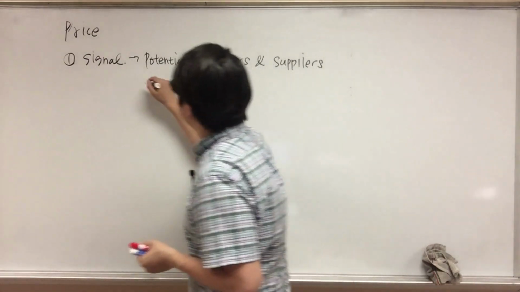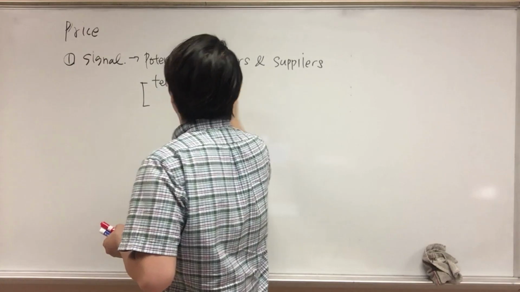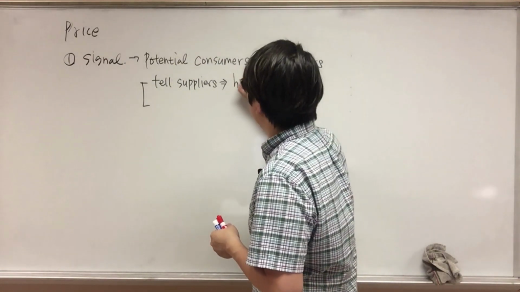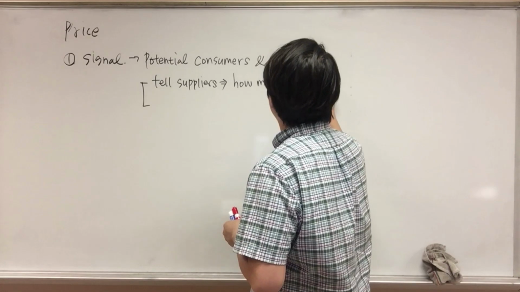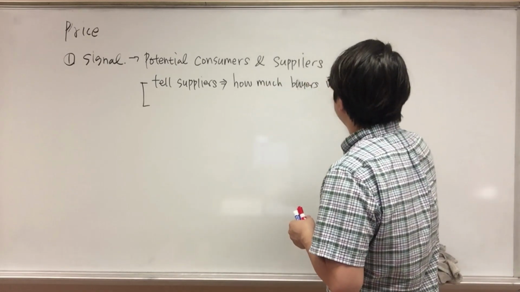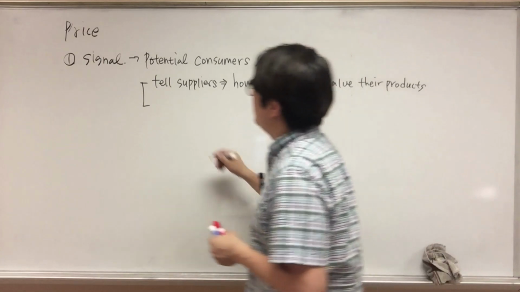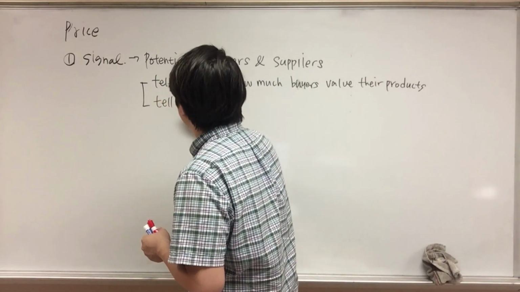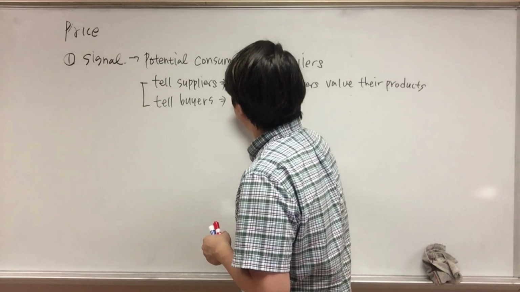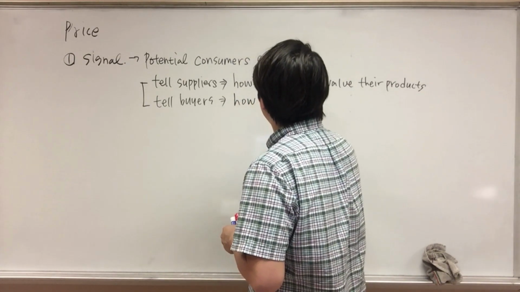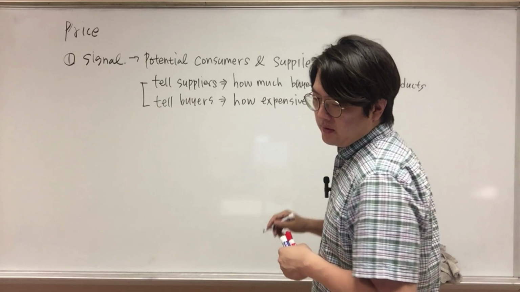Okay, price tells suppliers how much buyers value their products. Price tells buyers how expensive it is for sellers to produce more.